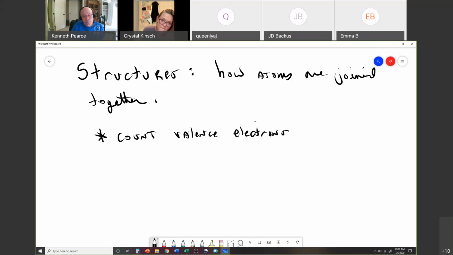All right, that's our first skill. So our first thing that we have to be able to do to be able to make structures is to count valence electrons. Now, where are the valence electrons? Valence electrons are on the outside.